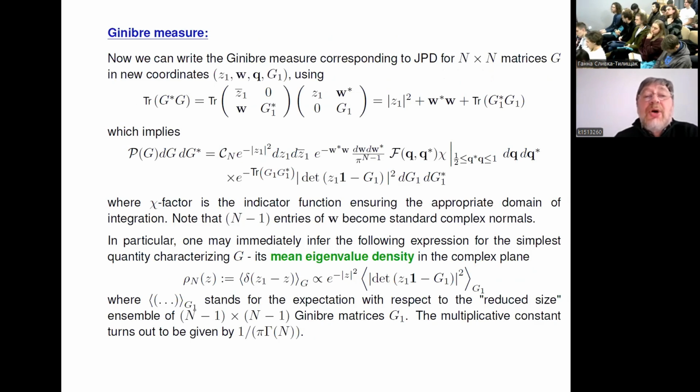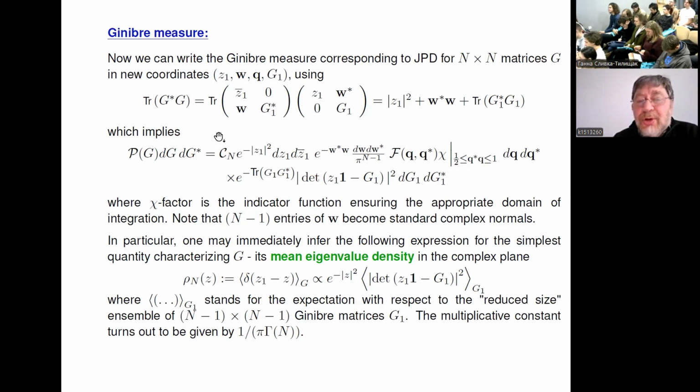Okay, so now suppose that we completed this non-trivial calculation of the Jacobian. Then we are done. We can now write the Ginibre probability density. We know that originally the entries of the matrix were independent, identically distributed complex variables with respect to the corresponding flat Lebesgue measure.